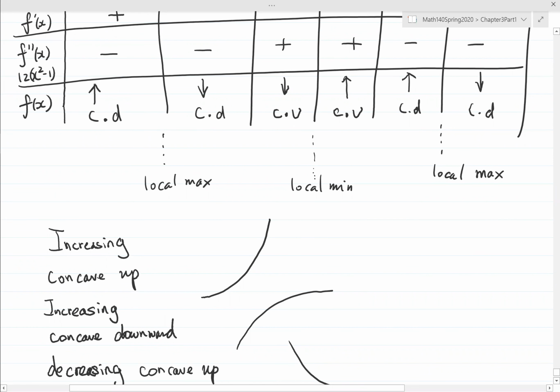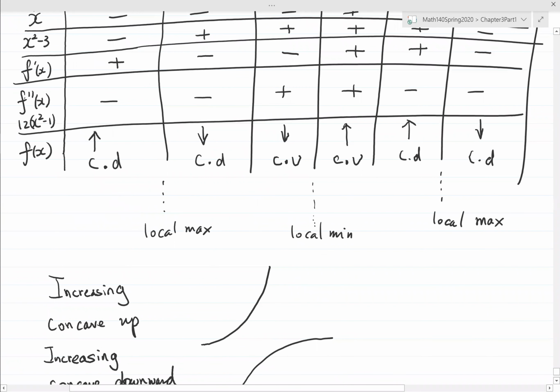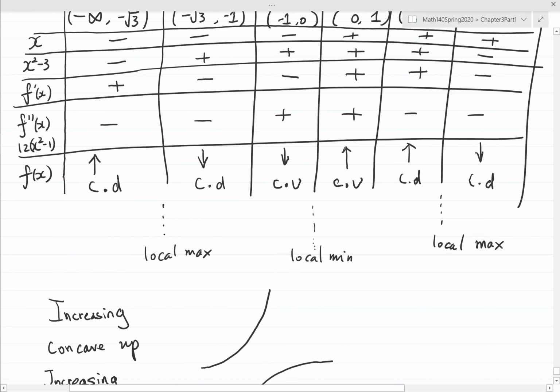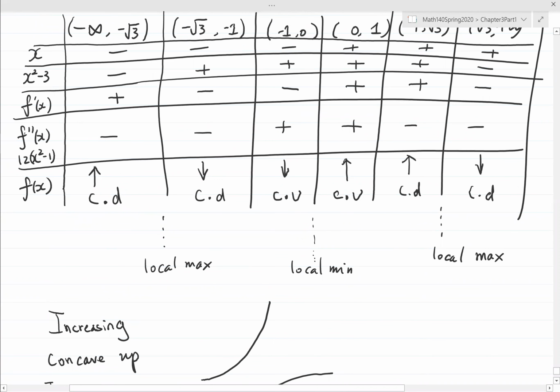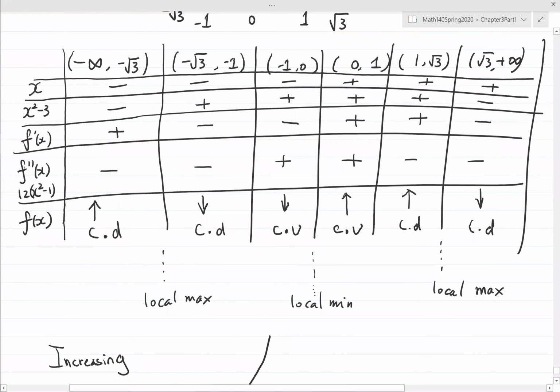Now to plot this graph, we need to find the local max and local min. So we find the value at negative root 3, at 0.